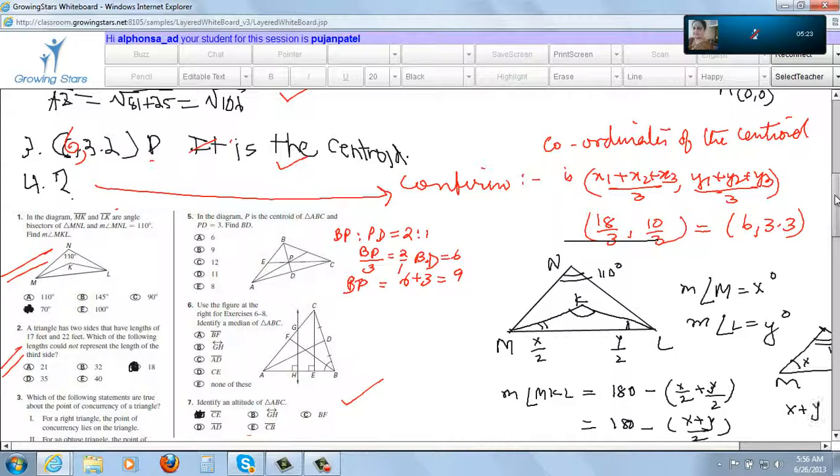X plus y would be 180 minus 110, which is 70. So (x plus y) over 2 would be half of 70, which is 35. So I can substitute 35 over there, and I get the answer 145.